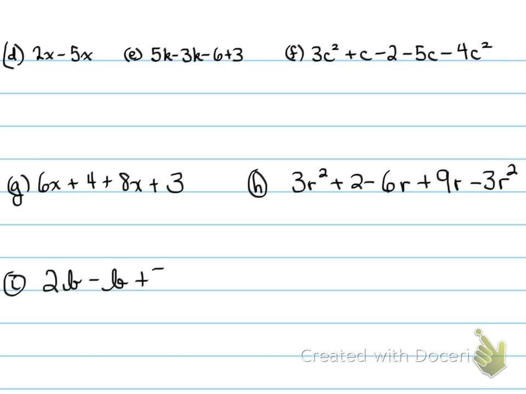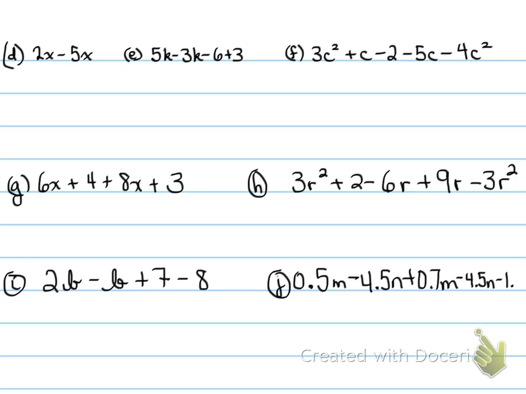And one more, 2b minus b plus 7 minus 8, as well as 0.5m minus 4.5n plus 0.7m minus 4.5n minus 1.5. Phew! Okay, looking at the first example.